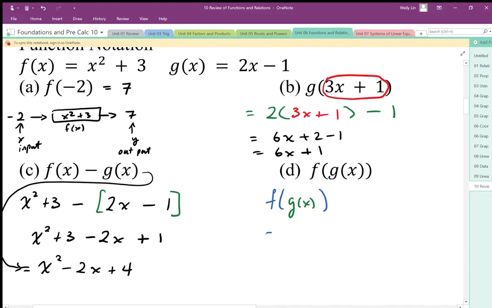So my outside expression is going to be x squared plus 3. Again, this does not mean times. It's embedding. It's replacing the x in the original function with the g expression. The g expression is 2x minus 1. So where there's an x, I'm going to replace it with a g expression.